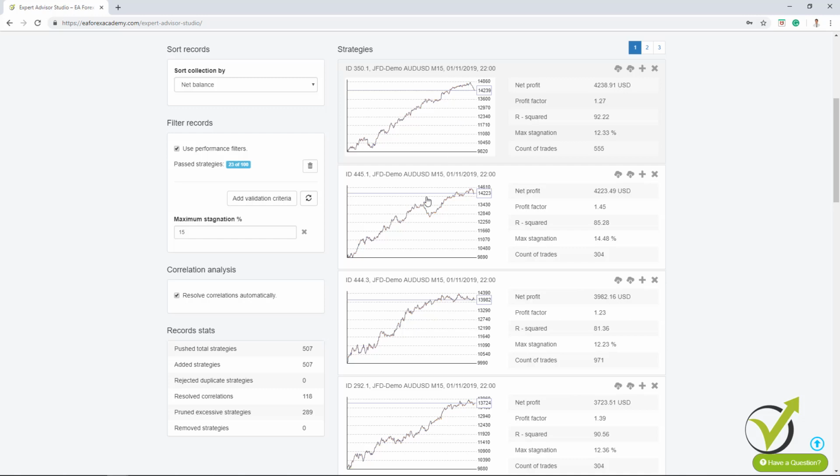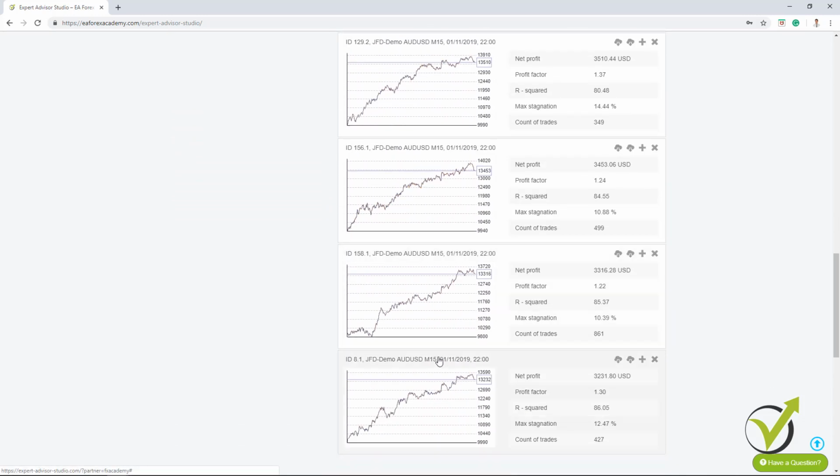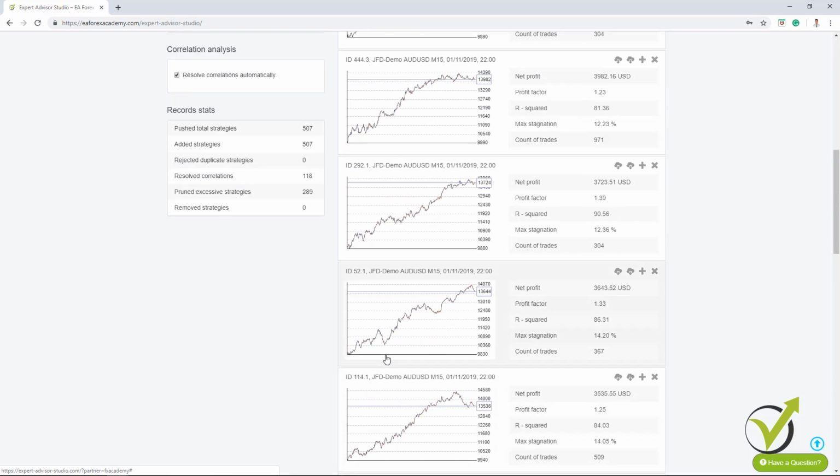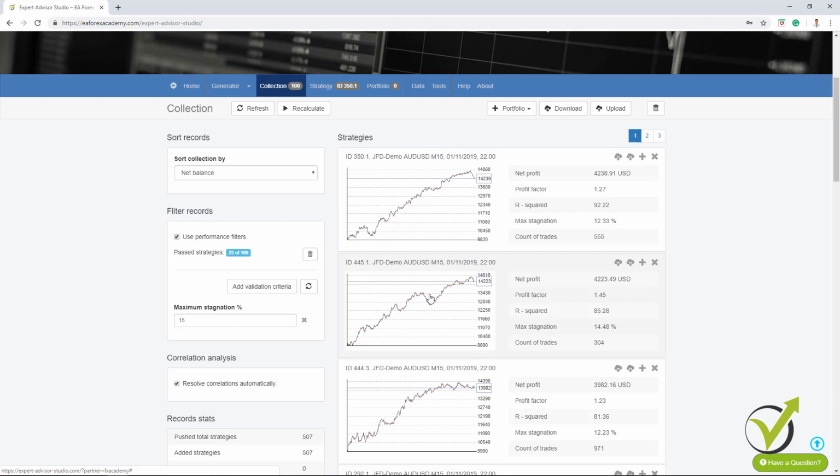Okay, so you see the strategies that are left don't have huge stagnations and are basically not having these drawdowns in the equity line. This one has a bit of a stagnation here, but you see it's 14.48.